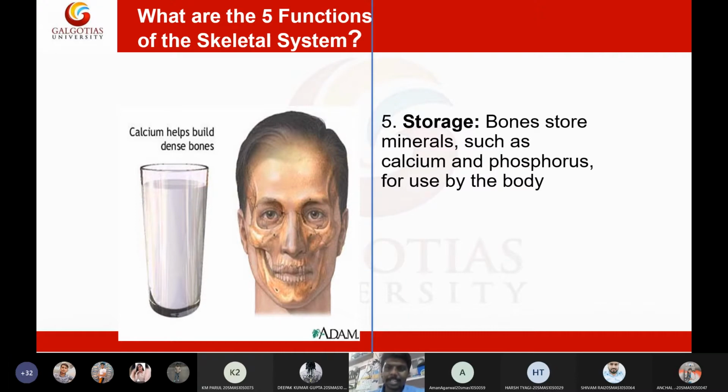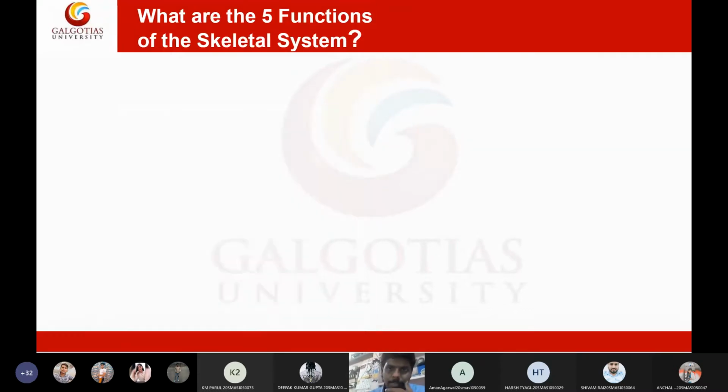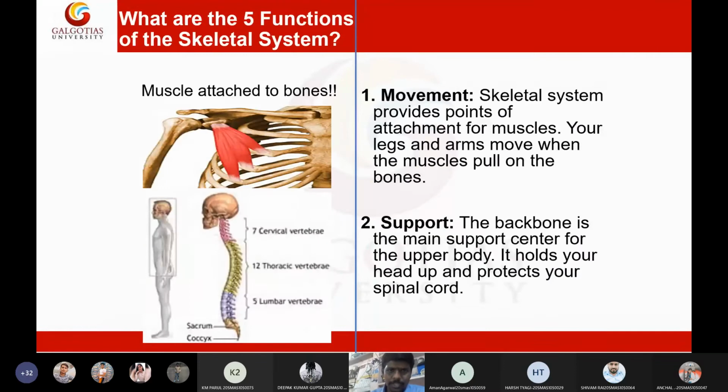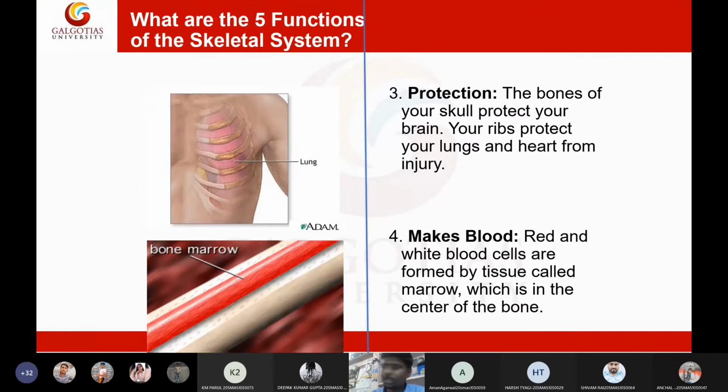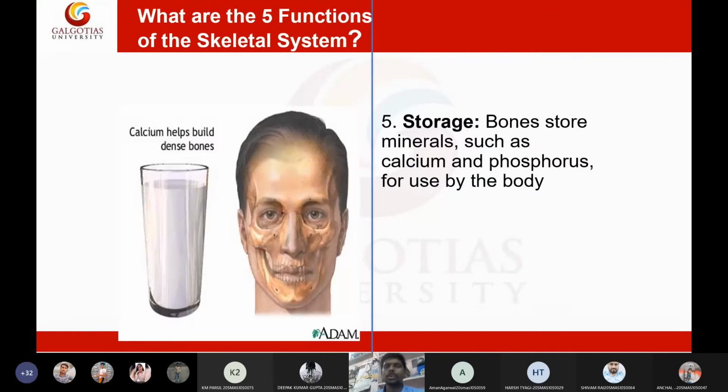Iron, magnesium, zinc are present in the bones, so they act as storage. Functions include movement, support, protection, making of blood, and storage.